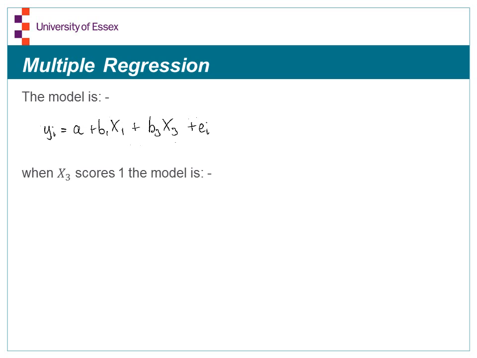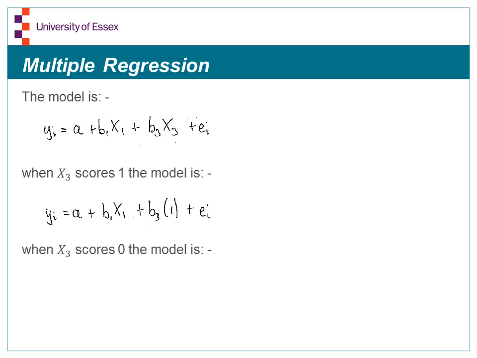If the respondent replies 1, i.e. they're female, then my model looks as follows: I have a plus b1 x1 plus b3, and the x has gone because it's just a 1 essentially. So I've got a constant appearing in the form of the a, and I've got another constant appearing in the form of b3.